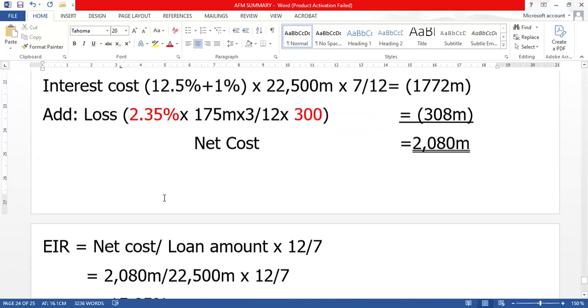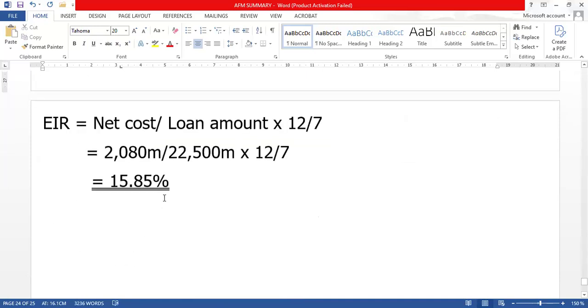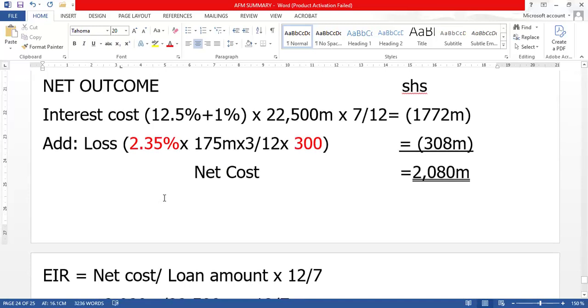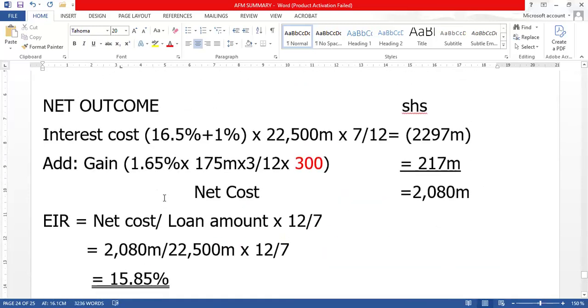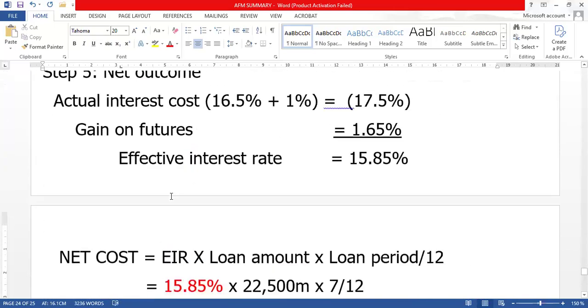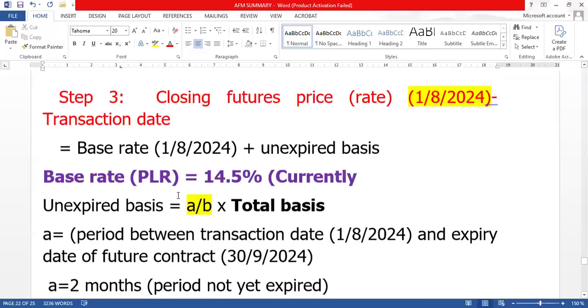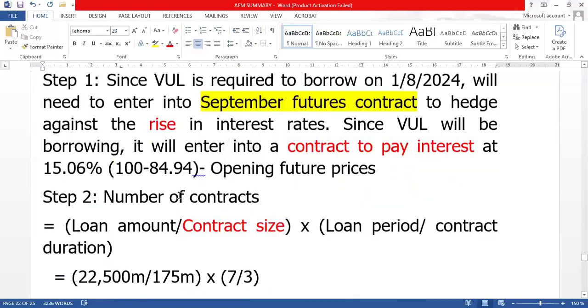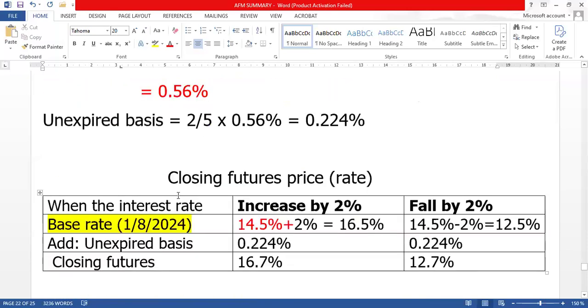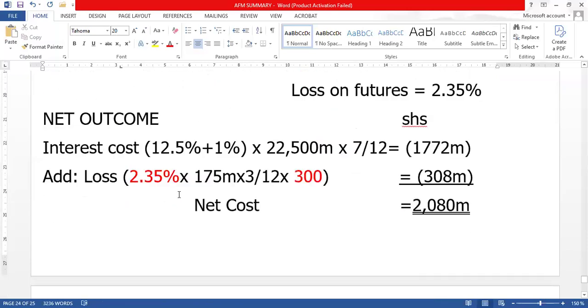So you have answered part B. That's all. We are taking time just because it is a discussion, but this is something you can do in just 15 minutes in an exam.